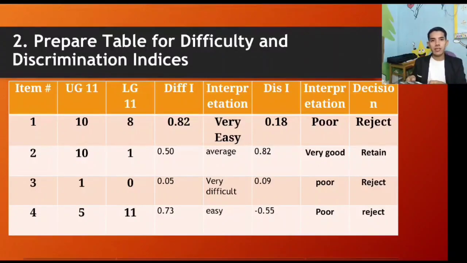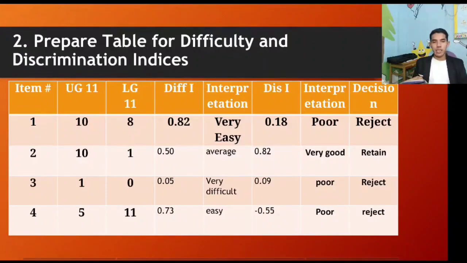So next, in order for us to get the discrimination index, we have the formula: students who got the correct answer from the upper group, minus the students who got the correct answer from the lower group, which is 8. 10 minus 8, the answer is 2, divided by 27% of the test takers, or simply in our example, 11.